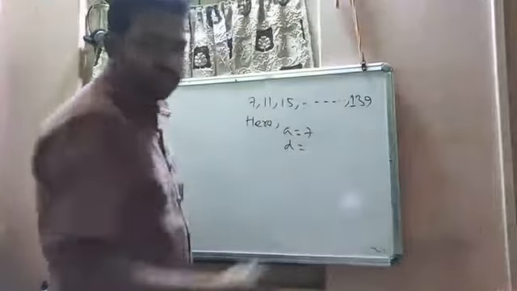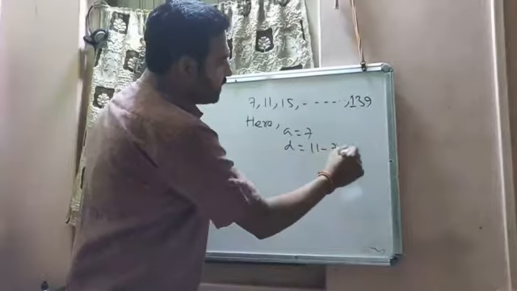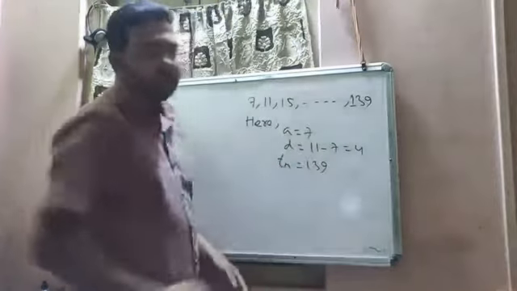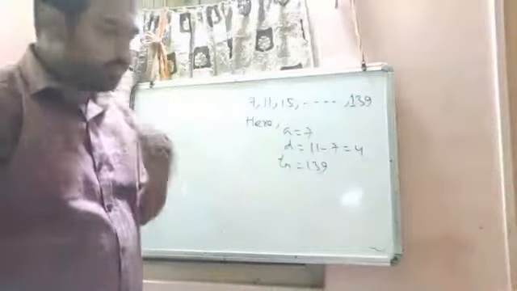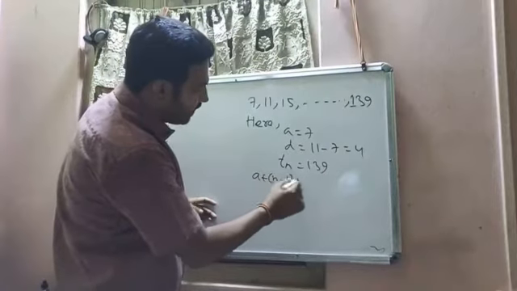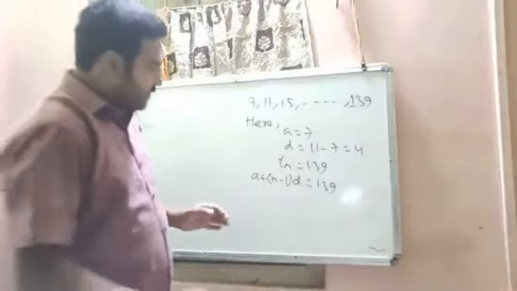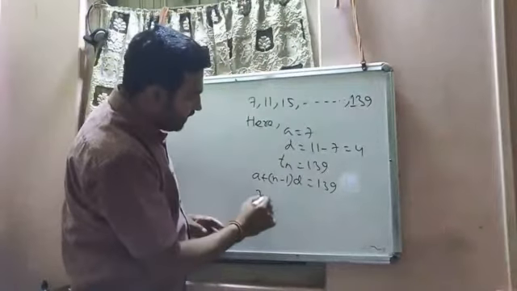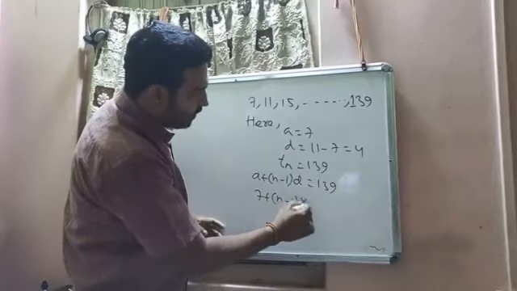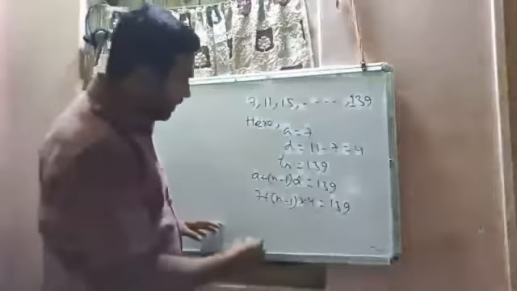Common difference, again T2 minus T1, that is equal to 4. The nth term is given, 139. So what is the formula of nth term? A plus n minus 1 into D is equal to 139. So A is 7, n is not given, we have to calculate n. D is 4, 139. Clear?